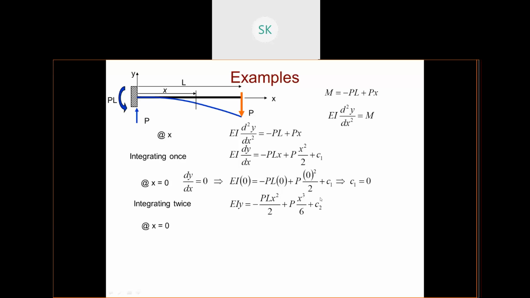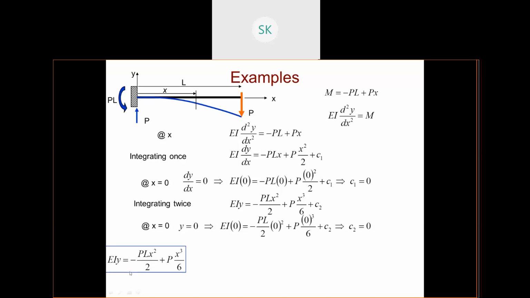Now again I have to find the value of C2 at the boundary conditions, at x equals 0 and y equals 0. At x equals 0, I'll get C2 is equal to 0. So place the value of C2 in this equation, and I'll get the deflection equation like this.